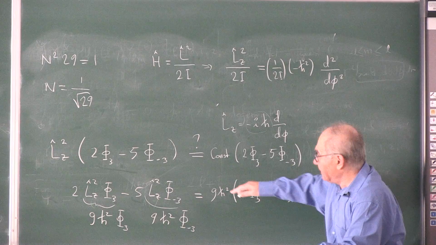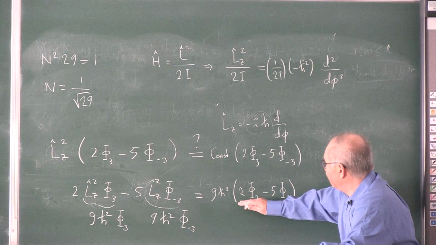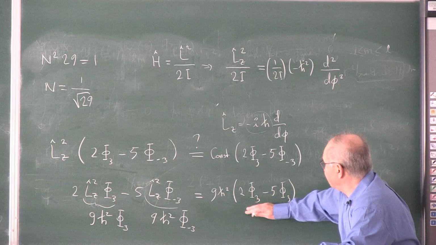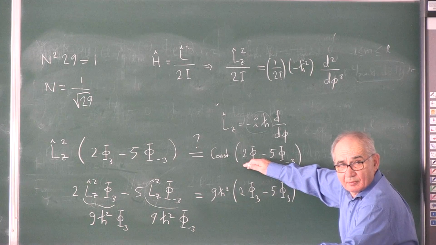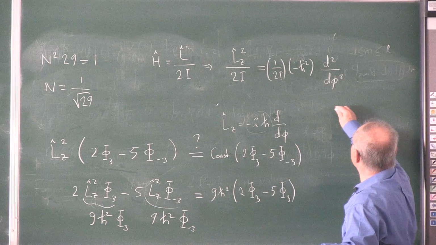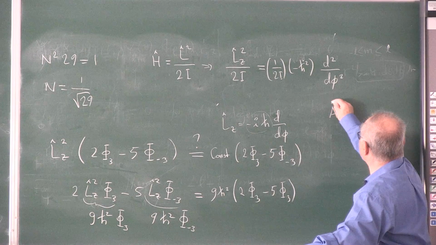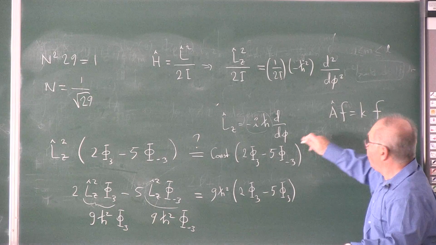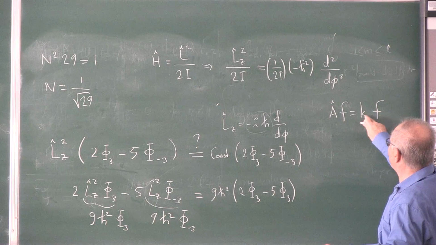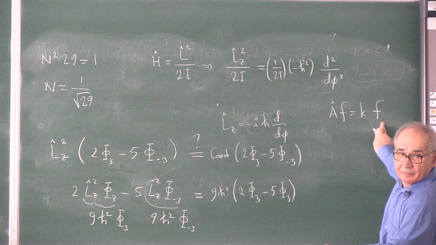All right. Now, I compare this expression with this expression. What is my rule? Operator function equals a constant times the same function.